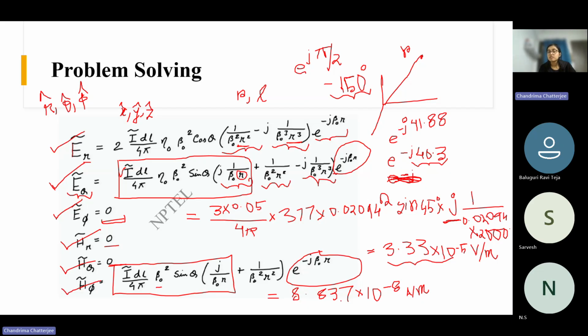Here we will also consider 1 by beta naught square r square, 1 by beta naught cube r cube. These terms also we will consider because now the r is 10 centimeter only. So that far field approximation doesn't work here.